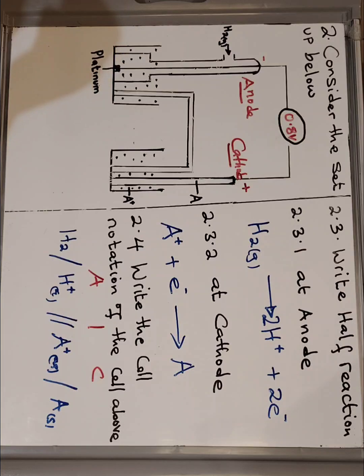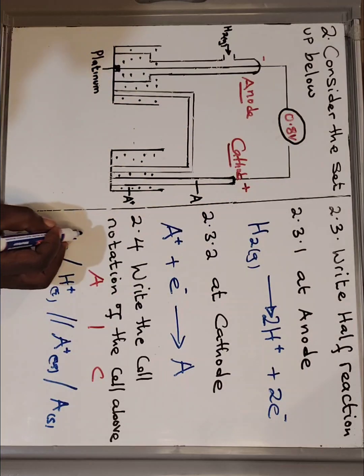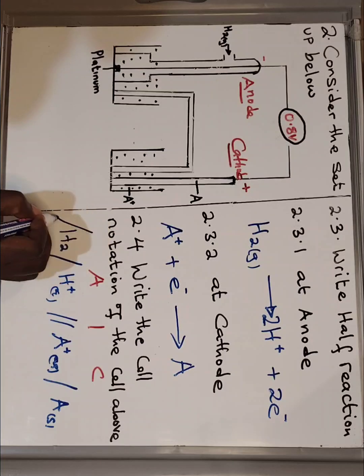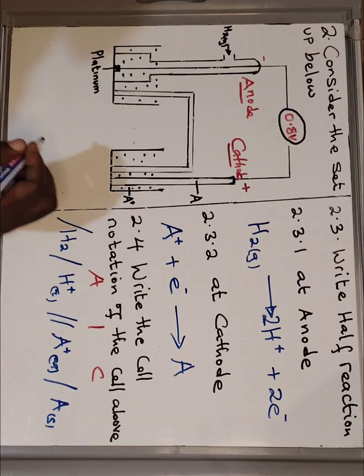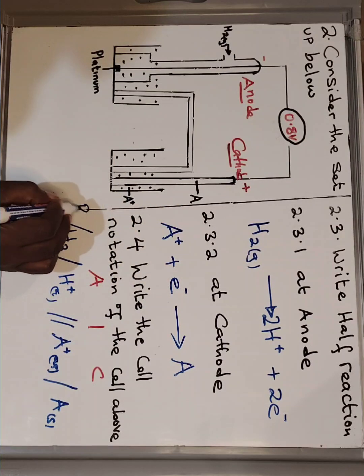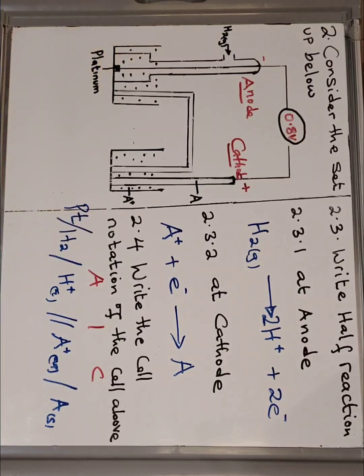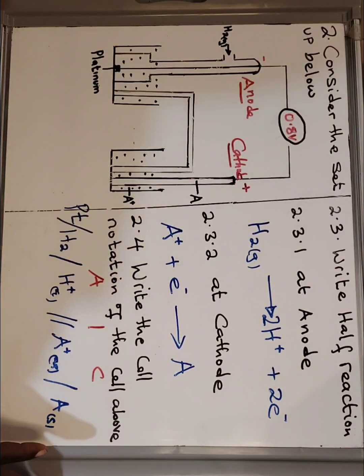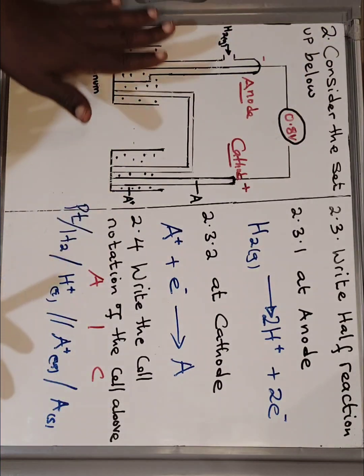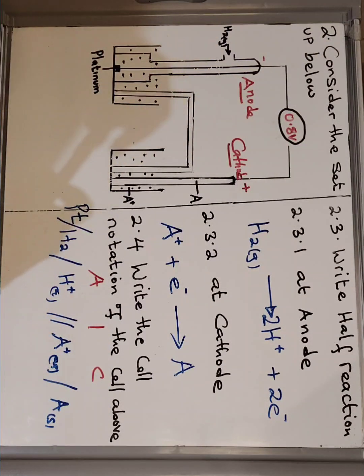So under this circumstance, you are supposed to bring an electrode, or you can put graphite, or you can put platinum. Now, this is what we have as our cell notation. You have to be reminded that cell notation represents the way the cell is arranged, but without the diagram.